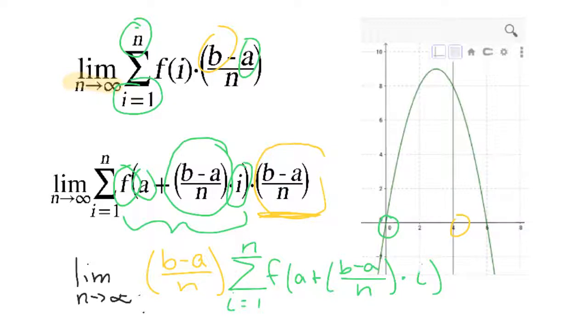And there is our expression to find the area under the curve. And the reason I brought the yellow term out in front of the summation is so that we don't get confused as to what we're doing here.